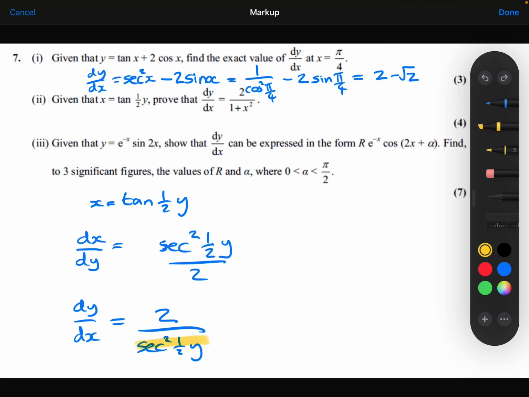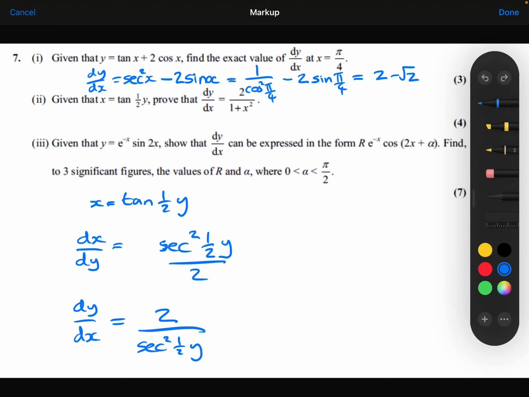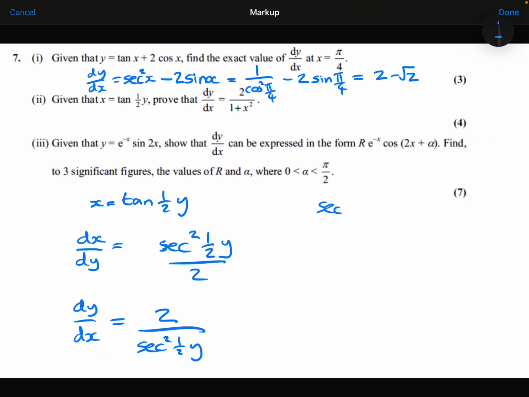Well, let me just talk generally for the moment. Sec squared theta is equal to tan squared theta plus 1. So therefore, sec squared 1/2 y is equal to tan squared 1/2 y plus 1.